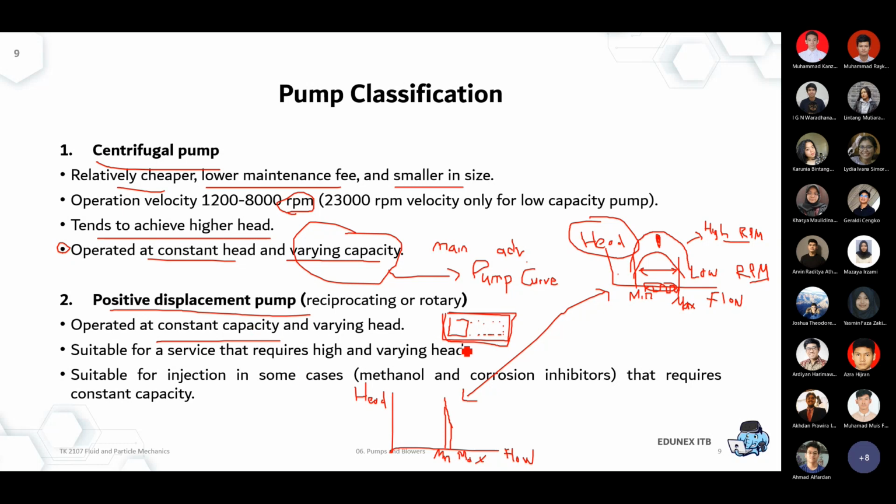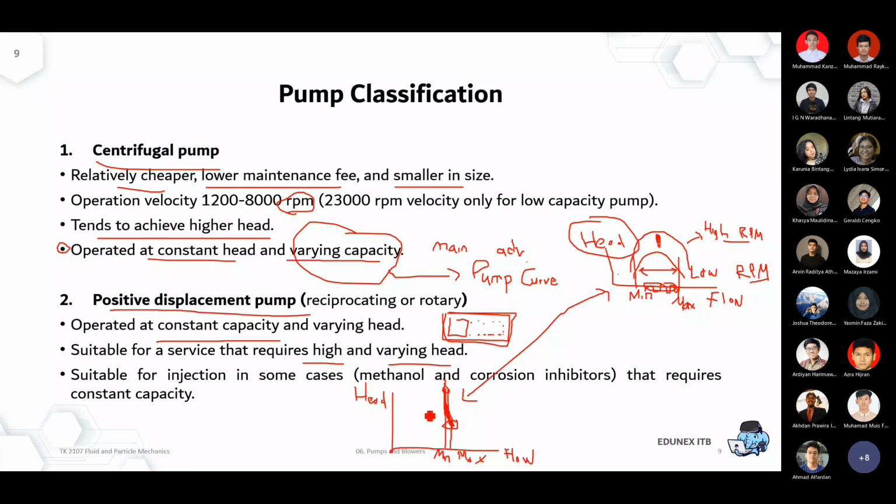Okay, but it's suitable for a service that requires a high-end varying head. Okay, so again you can see that the curve would be very steep, but the maximum head and the minimum head can be adjusted. So it's doable when our process suits this characteristic.